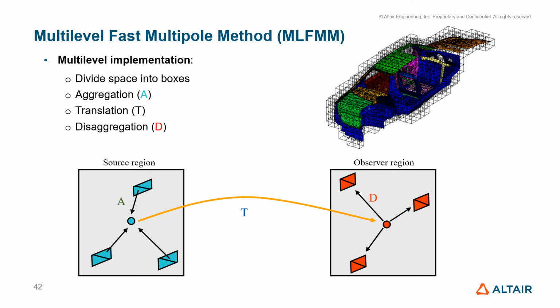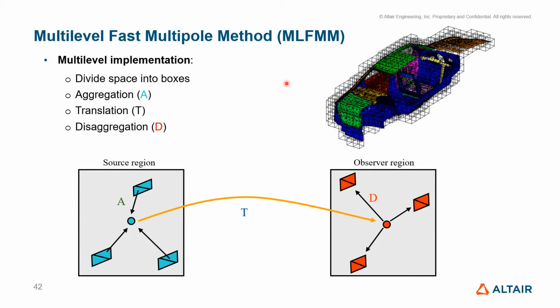That's where MLFMM comes into the picture. Essentially, what MLFMM does is that when you have an object that is discretized like this one, it divides this mesh into smaller boxes like I'm showing here. Then it looks at each box and says, okay, this box is close to the next box, so let me compute the interactions as though I'm doing a normal method of moments calculation.